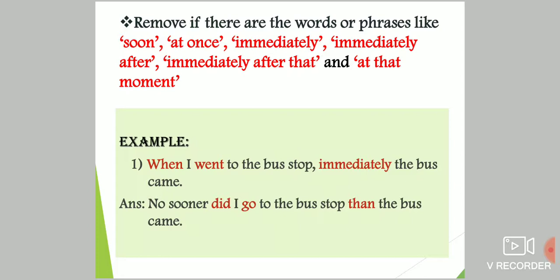Here we have to identify the first clause of when, where when is used. No sooner did I go. I have to change that went into go, and I have to take did, because our verb went is in past tense. No sooner did I go to the bus stop than the bus came.